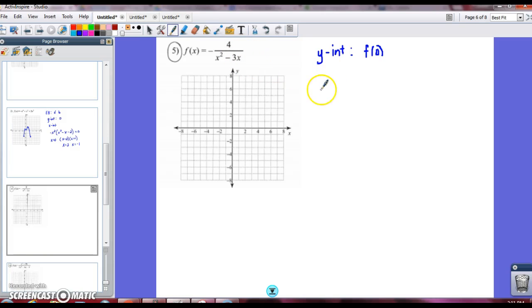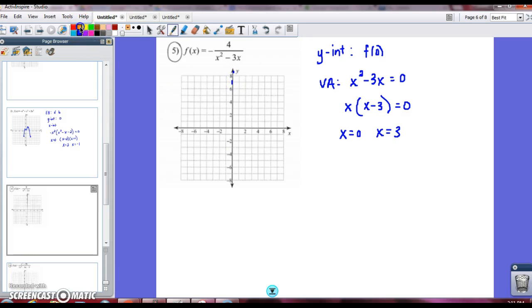So let's look at the vertical asymptotes first. Remember, when we're finding vertical asymptotes, we set our denominator equal to 0 and solve it. So we have x times x minus 3 is equal to 0. So x is 0 and x is 3. So I have an asymptote here.